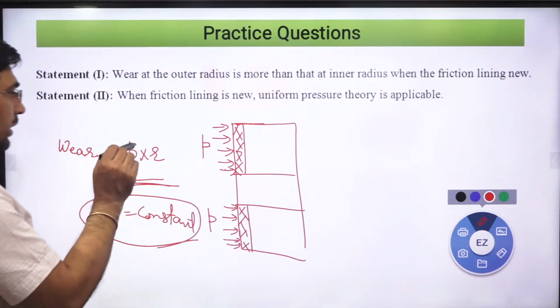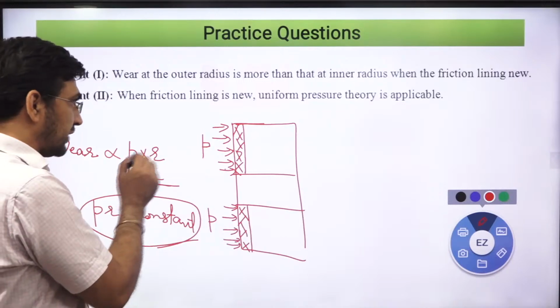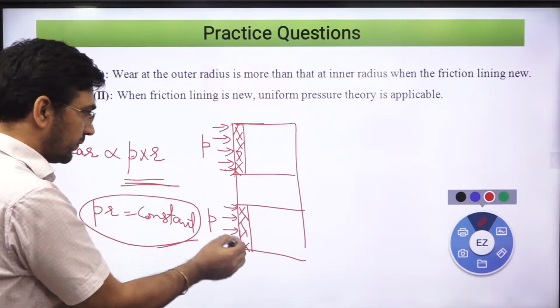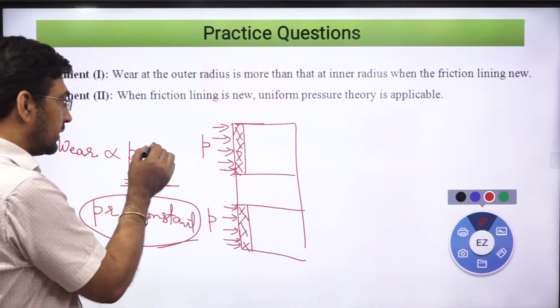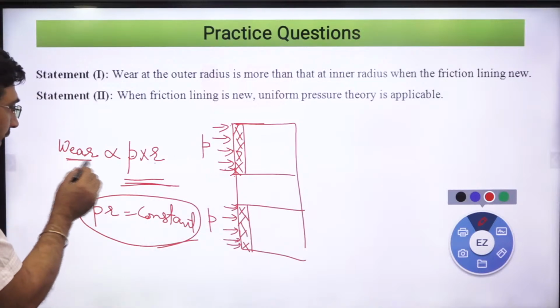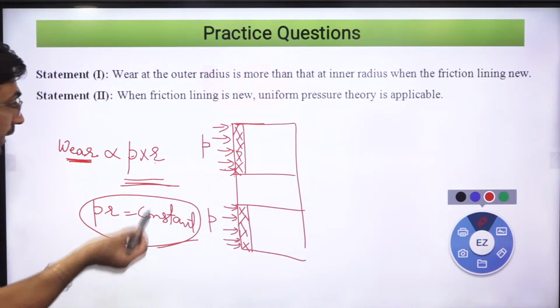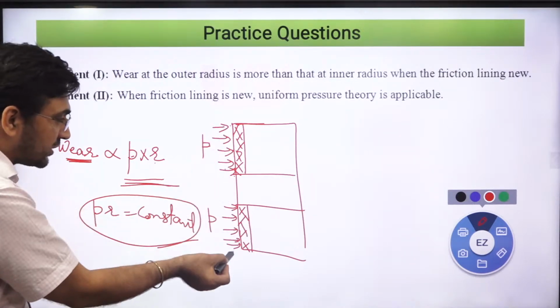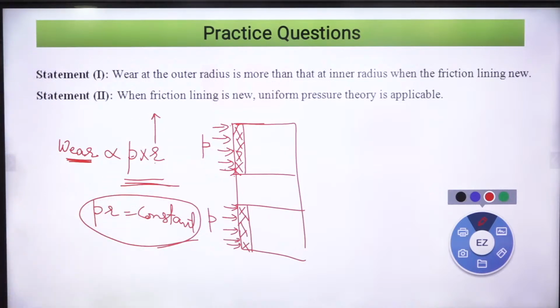So it means initially the pressure everywhere is the same because the lining is new. Then obviously R will vary. If I ask you where you're going to have the maximum wear initially when the lining is new, you will say, since pressure everywhere is the same, wherever you have the largest radius, at that point you are going to have the largest wear.